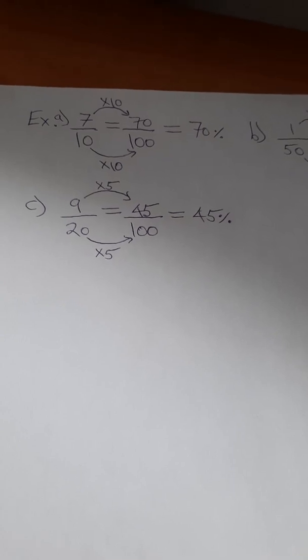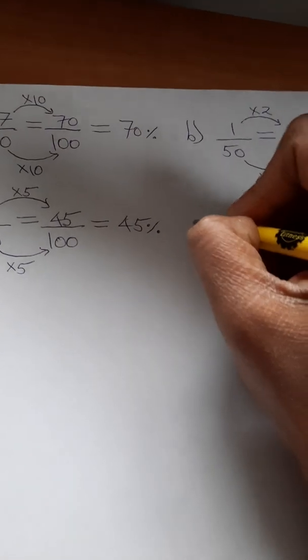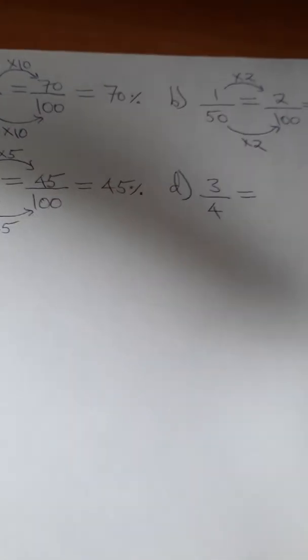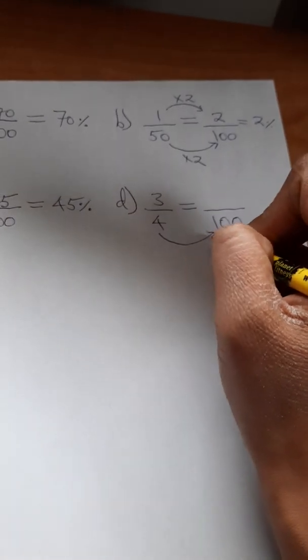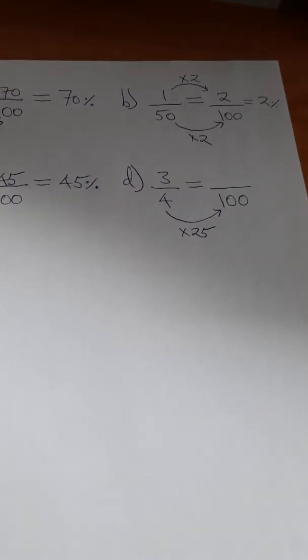Okay, are there any questions here? So let's try one last example here before we move on. This last fraction given is 3 over 4. I'm going to put 100 right here. And one more time, 4 times 25 is equal to 100.